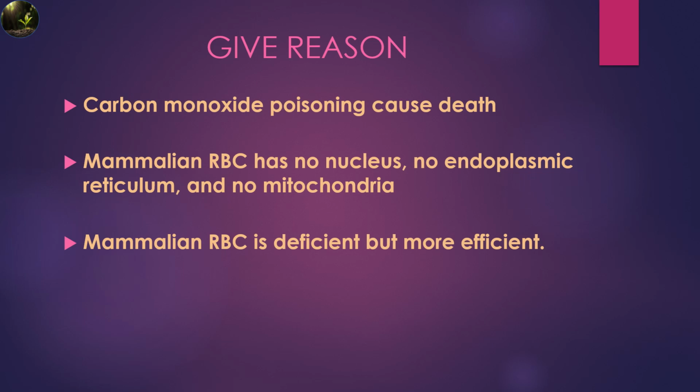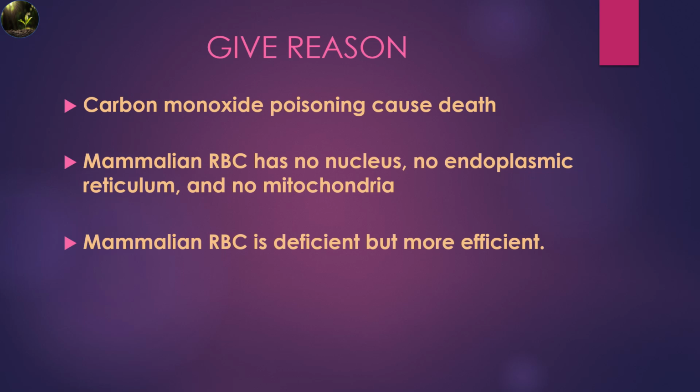The other one: the mammalian RBC is deficient but more efficient. In this question, you have to write two terms, deficient and efficient. Why is it deficient? Why is it efficient? Deficient because there is no nucleus, no mitochondria, and no endoplasmic reticulum.